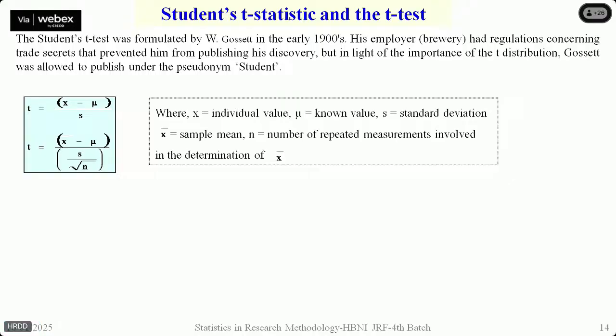The numerator can be modified accordingly. There is flexibility, and the denominator is always the standard deviation S. When we are comparing two means in the numerator, the denominator automatically gets modified: S by root of n1 for the mean x1 bar, and S by root of n2 for another mean. S by root n comes from the error propagation for the mean.